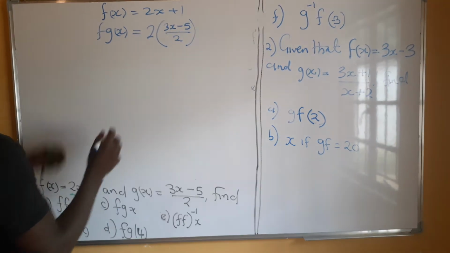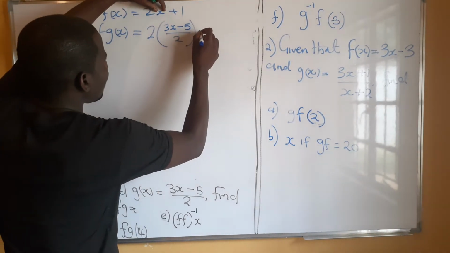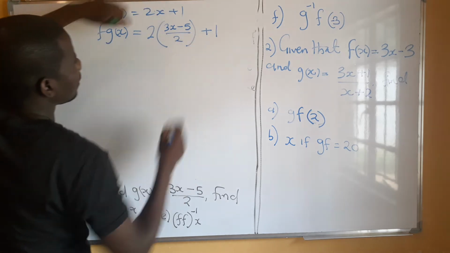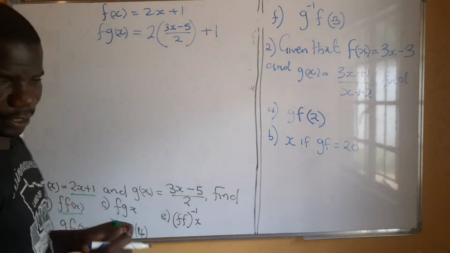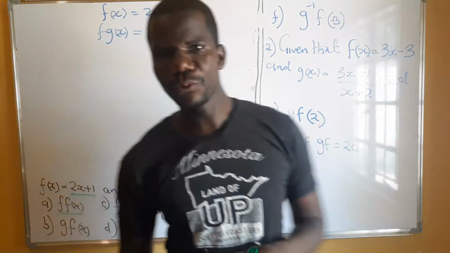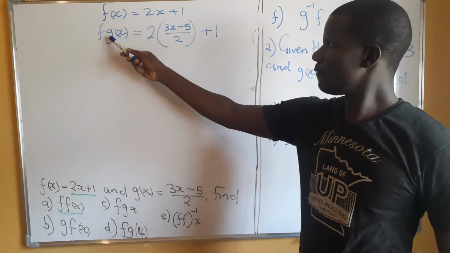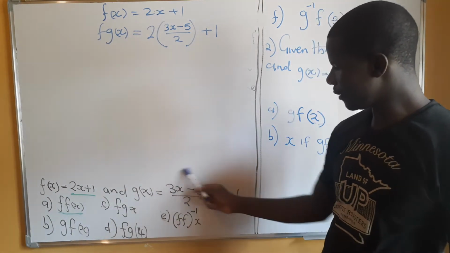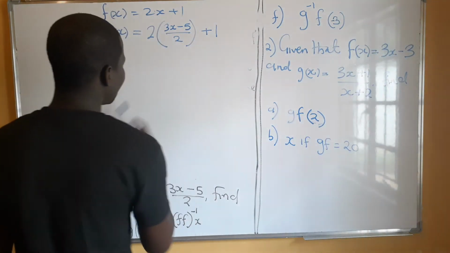Are we together? It is only this part here. Then take note that there is a plus 1. Alright? There is a plus 1 there. I hope you are following me. The only thing that we've done here is that where there's x, we have put function g, which is the whole of this 3x minus 5 over 2. So now it is the question of simplifying this.